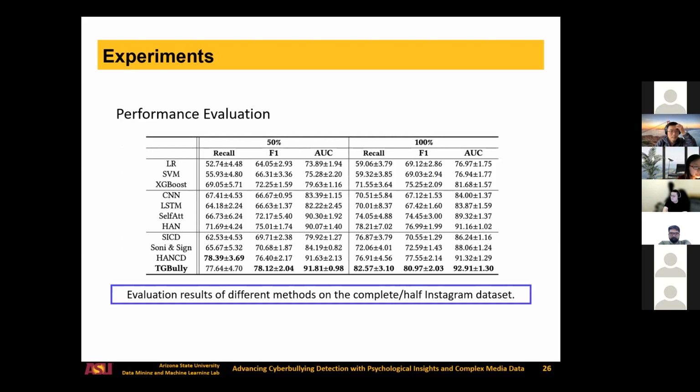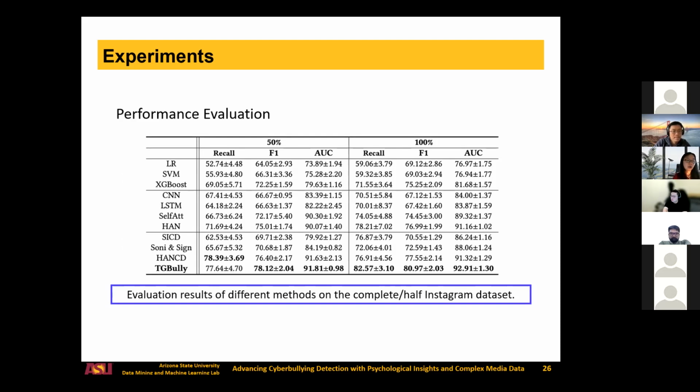Here we show some results, and still the dataset is the Instagram data, and we use the complete and half of the Instagram data for training. Basically, we want to see how our model performs compared to other baseline models if we use less data.